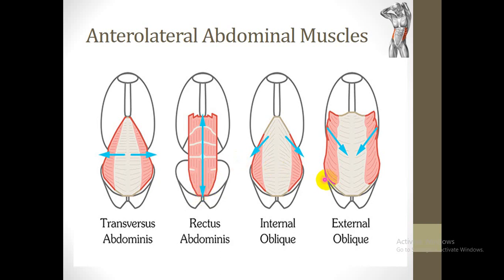And the 3 flat muscles are the external oblique, internal oblique, and transversus abdominis muscles. These muscles have their specific actions, but collectively they perform a general action that helps the body in various functions.